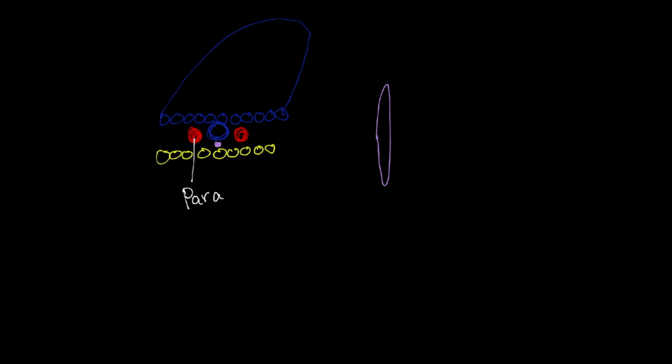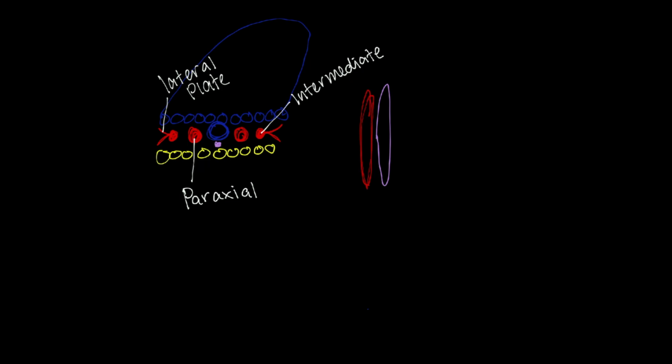This is the paraxial mesoderm, the intermediate mesoderm, and then the lateral plate mesoderm. The paraxial mesoderm will be lying alongside the notochord, and it will organize into segments called somites.